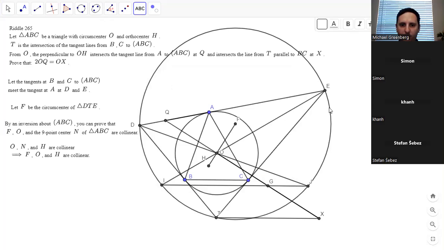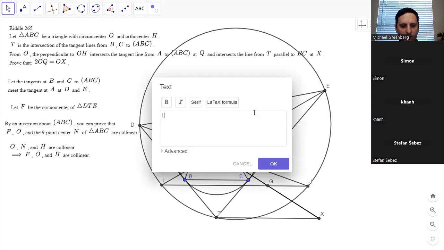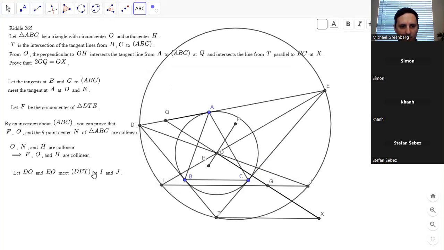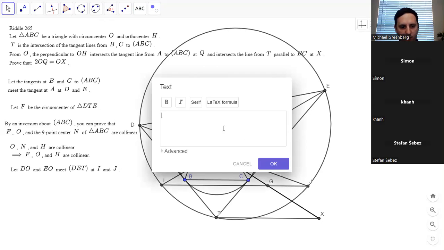So let DO and EO meet the circle at I and J. So by the in-center X-center lemma, IO equals IT and JO equals JT.